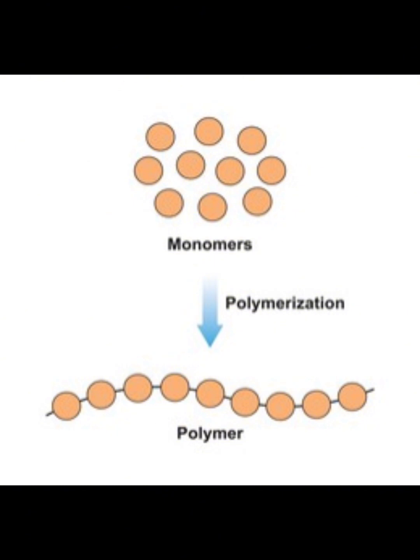The second condition for polymerization is initiators. Initiators such as heat, light, or chemicals are used to initiate the polymerization reactions. And the last condition for polymerization is reaction time.